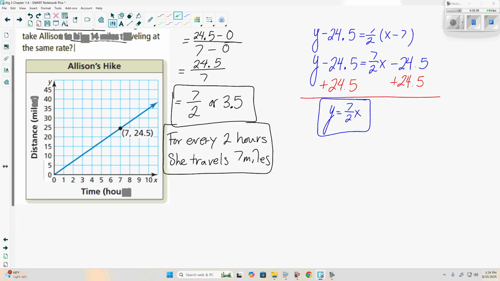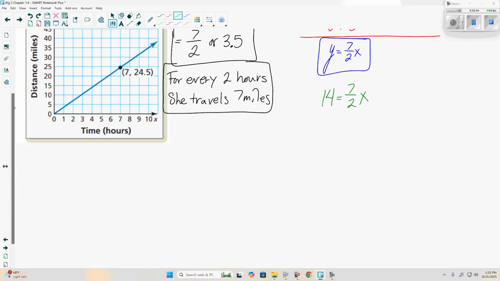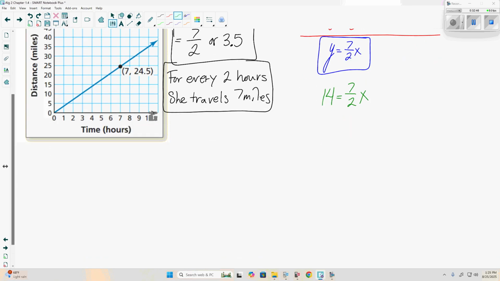Now the last thing we need to do is figure out how long it takes her to travel 14 miles. Now just like the first problem, our y value is our miles. And again, just like before, we'll divide both sides by 7/2.